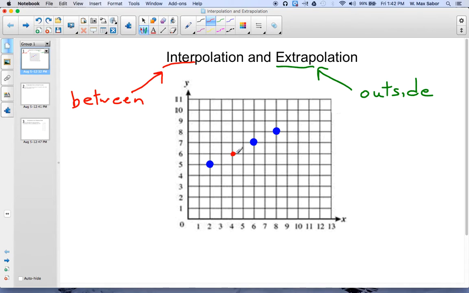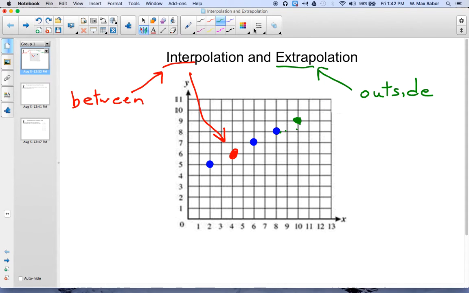So an interpolated point would be between the points that already exist. If we wanted to extrapolate, we could say, okay, follow this pattern outside the original, and that would be over here. Or another extrapolated point could be (0, 4) or (-2, 3).